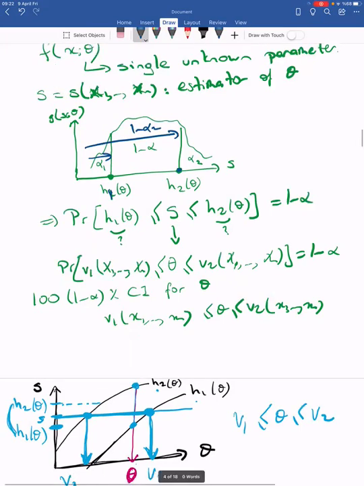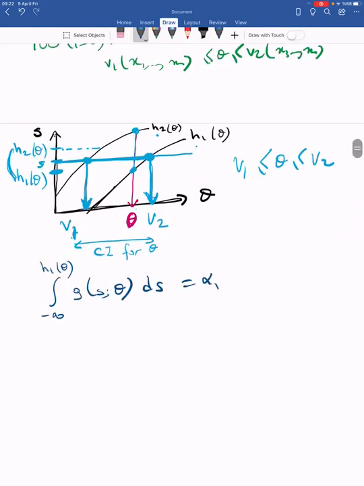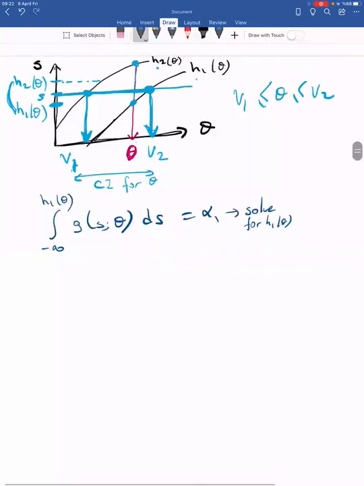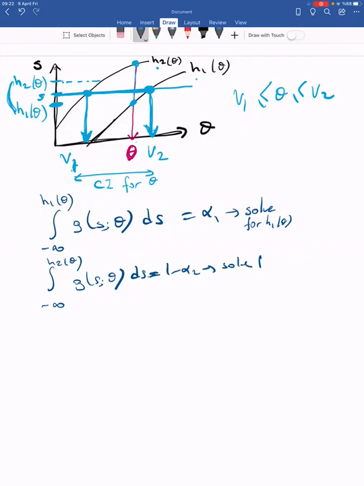From here we will solve this for h1 theta. Similarly, do this from the lower bound of S up to h2 theta, integrating the PDF and equating this to 1 minus alpha 2, and solve for h2 theta.